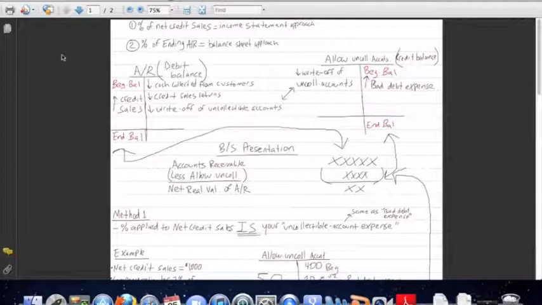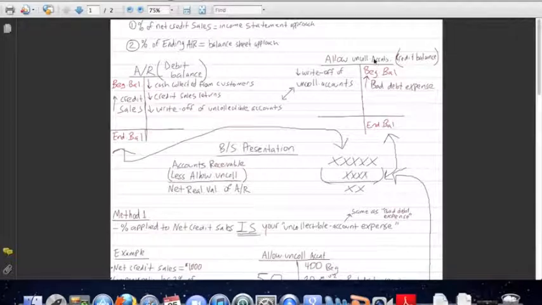First, it's important to figure out how each of these accounts works, like what affects each account. The two main accounts we're going to deal with are accounts receivable and allowance for uncollectible accounts. Accounts receivable has a debit balance, and allowance for uncollectible accounts has a credit balance.